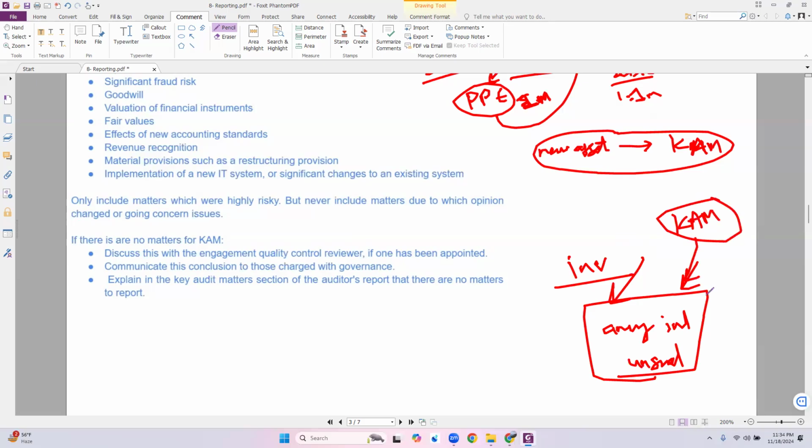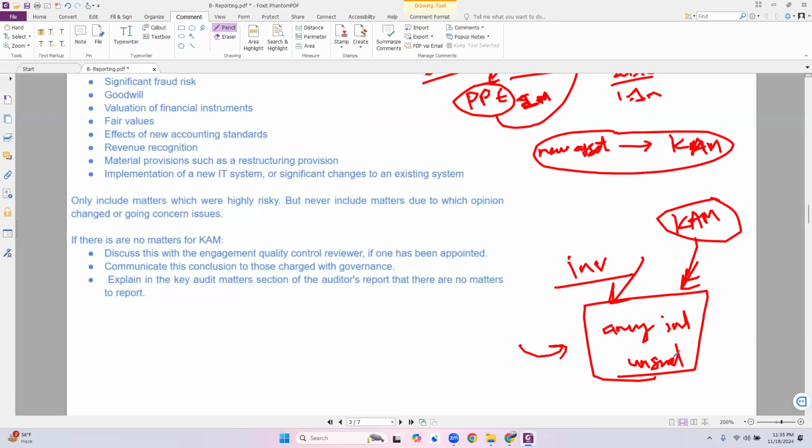Let me give you an example. Let's talk about inventory. Every single year, I buy 1,000 or 2,000 or 15,000, 17,000 different mouse that I sell to my customers. Every single year, my new inventory is included. So would this be included within CAM?